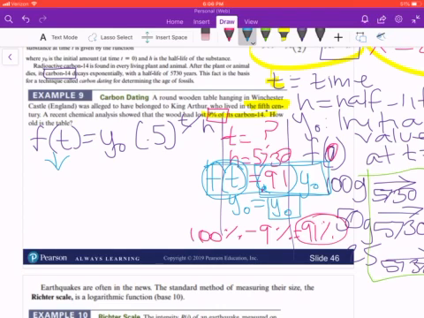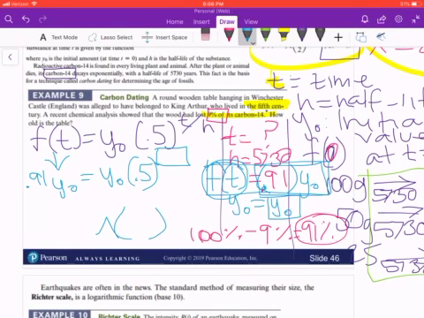So on this side we have 0.91 y sub 0. Then here we will have y sub 0 times 0.5, and then in the exponent, make sure you type that in the little box, or if you don't, you have to use the caret symbol and enclose the exponent in parentheses. So we will put t, which is what we're trying to solve for, divided by h, which is the half-life of carbon-14, 5,730.